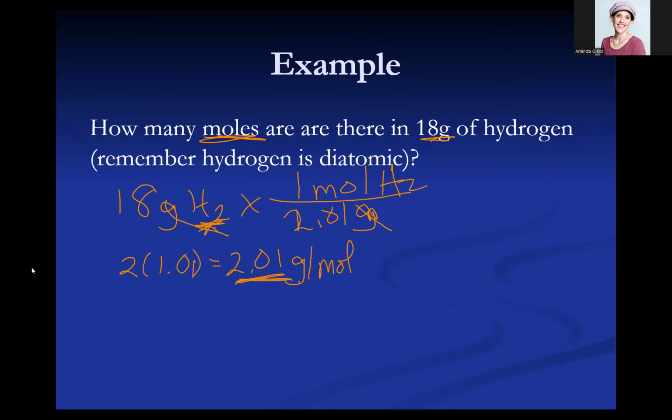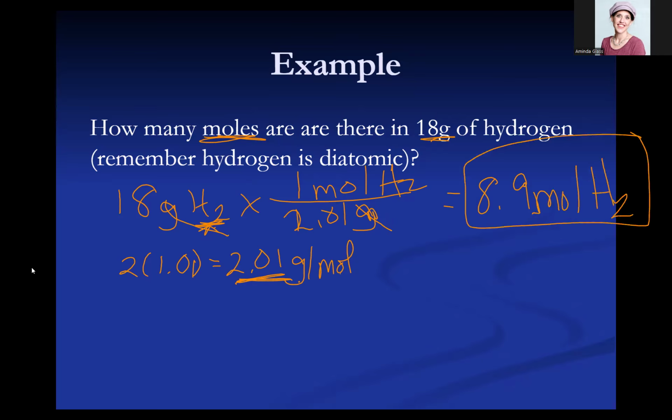So it's 18 times 1 divided by 2.02, and that gives us 8.9 moles of H2. I want you to make sure you have both the unit and the element or molecule there, because when we take this farther, you're going to need to make sure that you keep the units and identity of the molecule or substance with it.